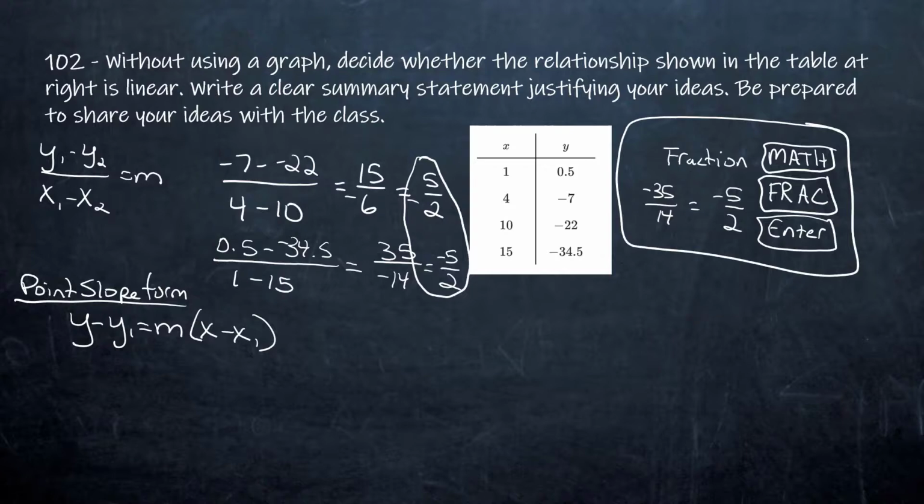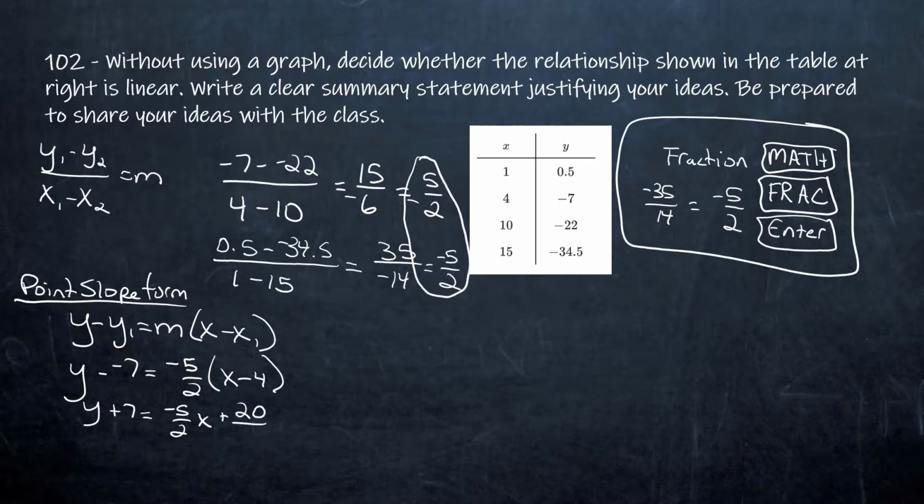So let's take a look at this. I'm just going to pick one of my y's. Let's just pick -7. So I'm going to say y minus a -7 equals our slope that we calculated, which is -5/2, times x minus our x value. Our x on a -7 is 4, so x minus 4. I'm going to make this y plus 7. Then I'm going to distribute -5/2 x, and when I multiply that, that's going to be plus 20 over 2, because a -5 times a -4 is a positive 20 over 2.